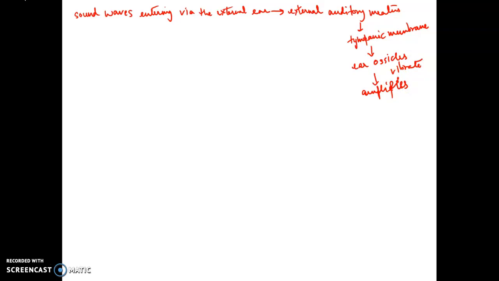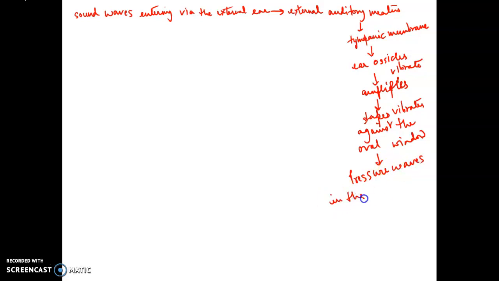Now, the stapes, which is one of the ear ossicles, vibrates against the oval window, and this causes some pressure waves. Remember, in the inner ear you have fluid, so that causes pressure waves in the perilymph of scala vestibuli.